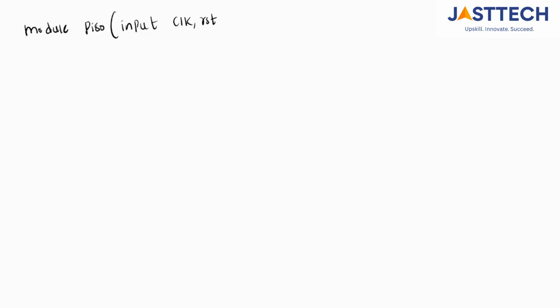Whatever the parallel data is there, that parallel data you are loading with is 3-bit data, so that is input, [3:0] parallel_in.